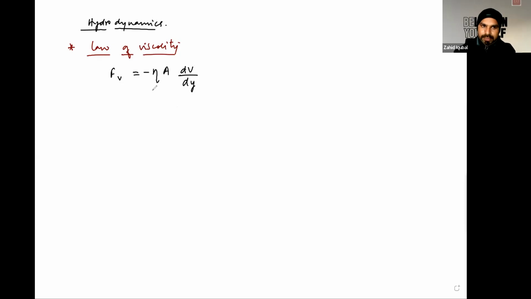So it was a formula according to this law of viscosity. Next, eta is called the coefficient of viscosity, having unit Pascal second. Its SI unit will be Pascal second and its CGS unit will be poise. 1 Pascal second is equal to 10 poise.